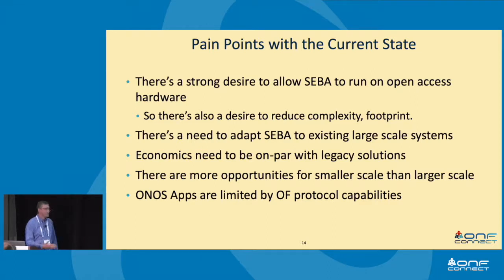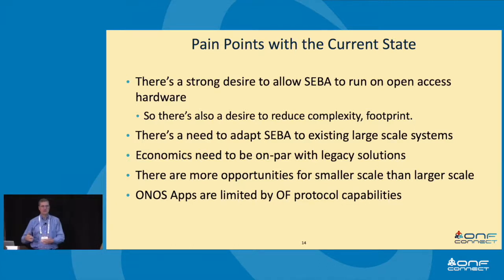And then the other thing we find is that the apps you want to build to manage your access are right now kind of limited by OpenFlow protocol capabilities. If, for example, I want to create a topology, I can do that just fine from behind ONOS, and we have a lot of tools that do that.